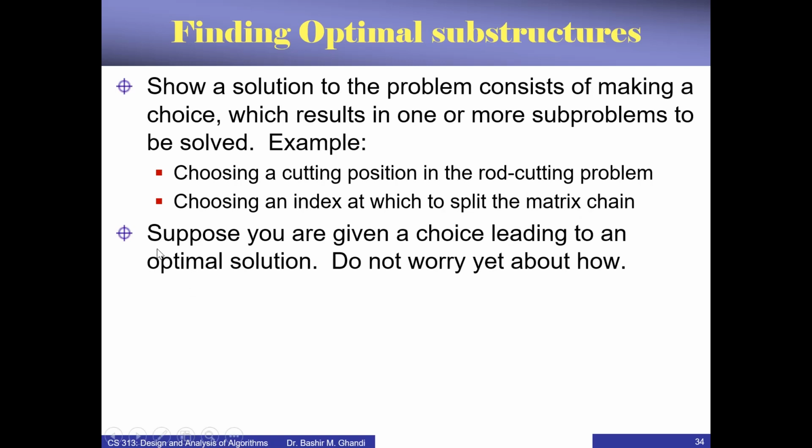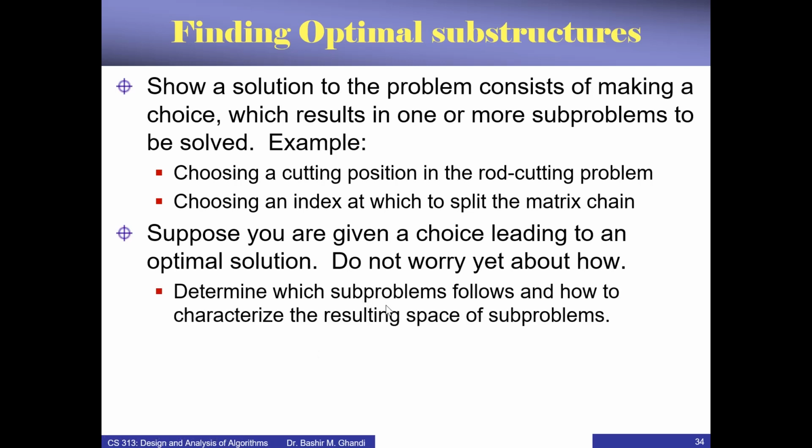Now suppose you are given a choice that will lead to an optimal solution. You don't try to find the value of that particular choice that gives you the optimal solution yet. You try initially to see how you can solve the problem by looking at all the possible choices, and then apply the dynamic programming technique to reduce the number of choices.